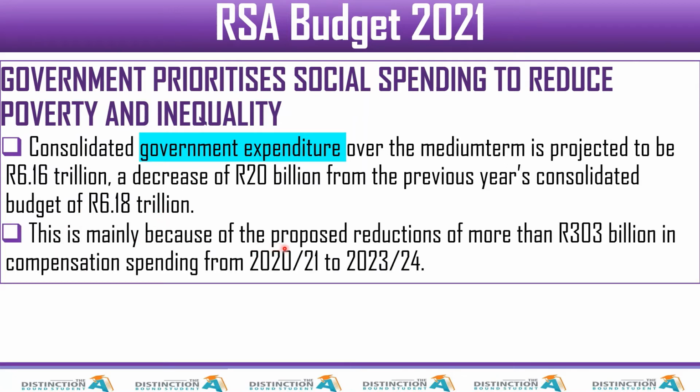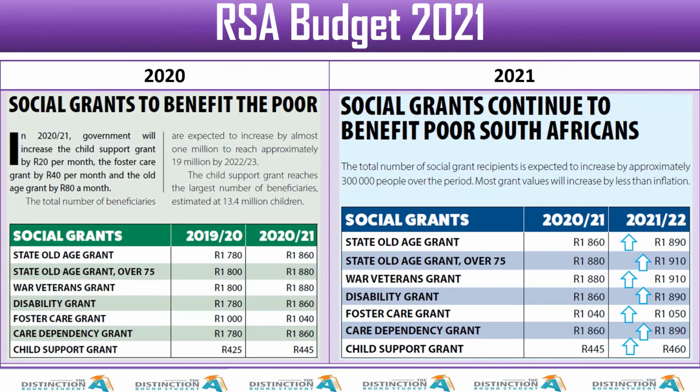So this is mainly because of the proposed reductions of more than 303 billion in compensation spending. So with this, you might want to think that, oh, this is bad, but the things they were targeting are maybe, let me put it as, unnecessary spending. All right.